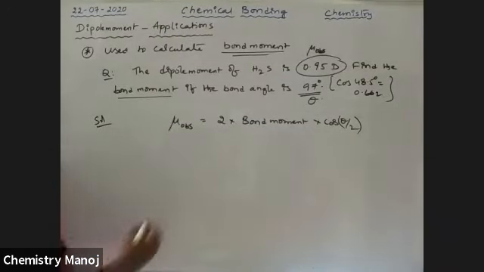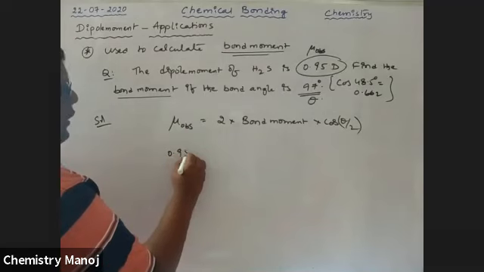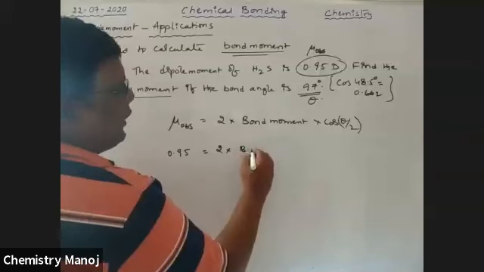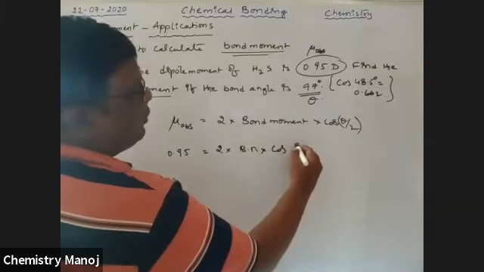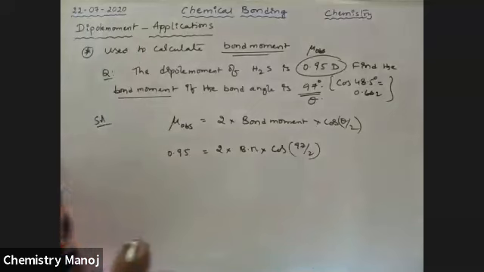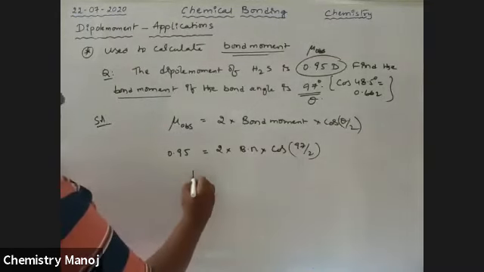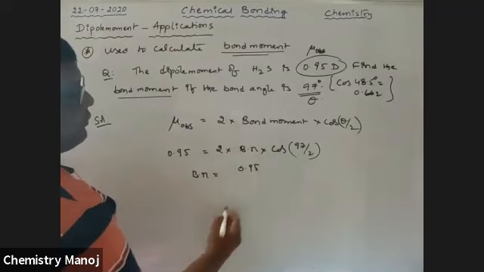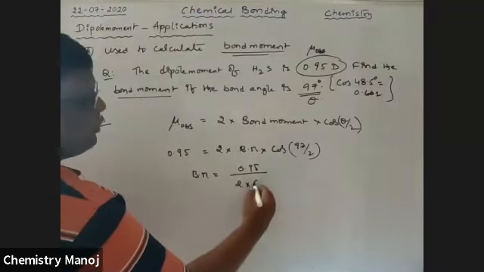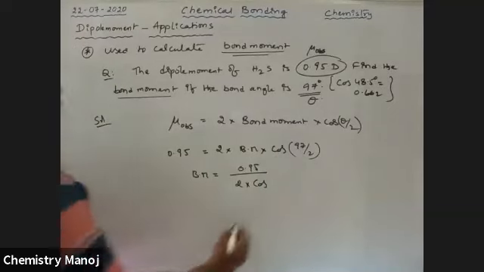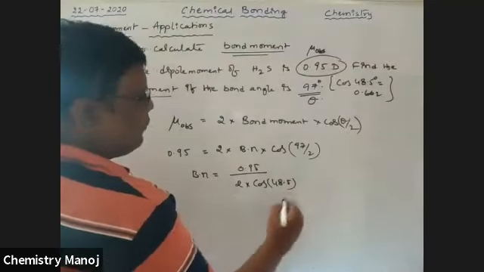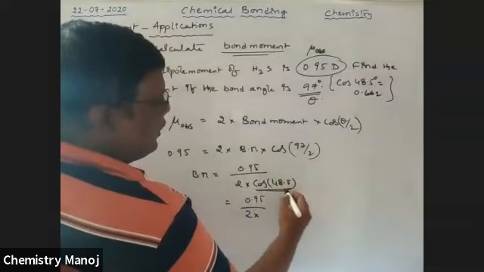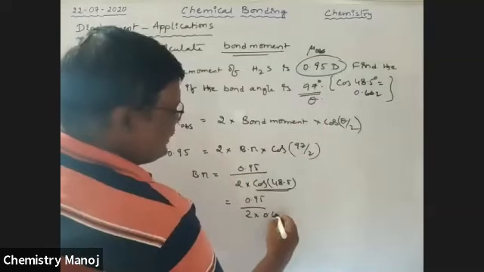Substitute those values here. So mu observed 0.95 is equal to 2 into bond moment into cos 97 by 2. Therefore, bond moment is equal to 0.95 by 2 into cos 97 by 2, which is cos 48.5, given as 0.662.